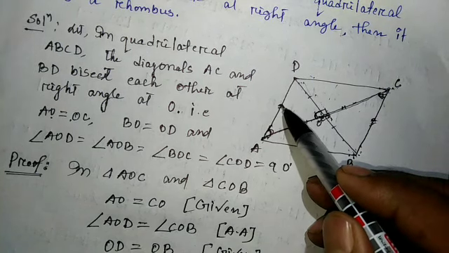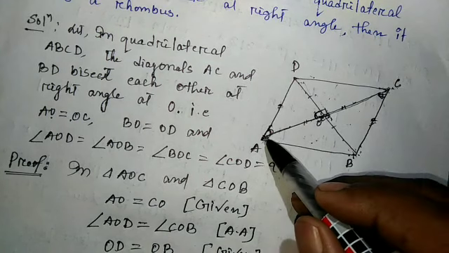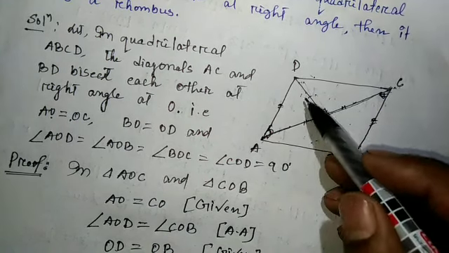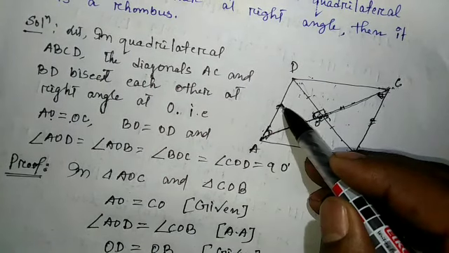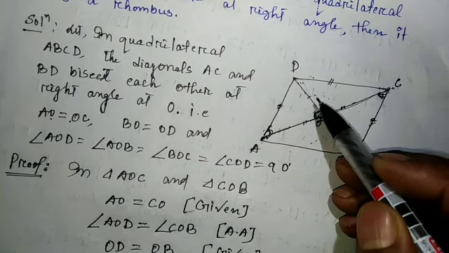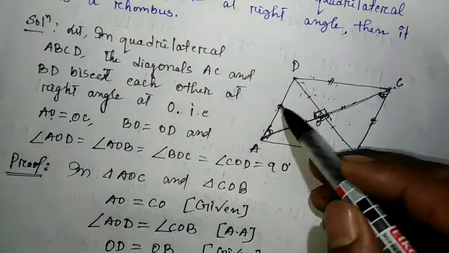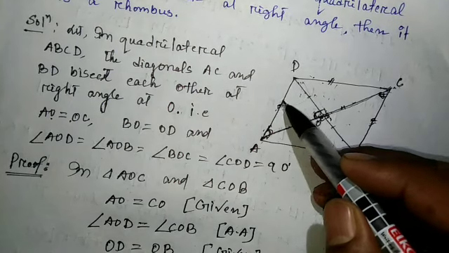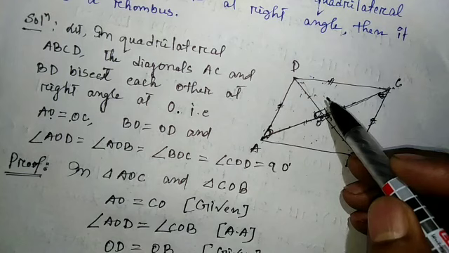Now see, if we take these two triangles AOD and COD, then if we can show that this side and this side are equal, they are forming adjacent sides of the parallelogram. When the adjacent sides of a parallelogram are equal, then it becomes a rhombus.